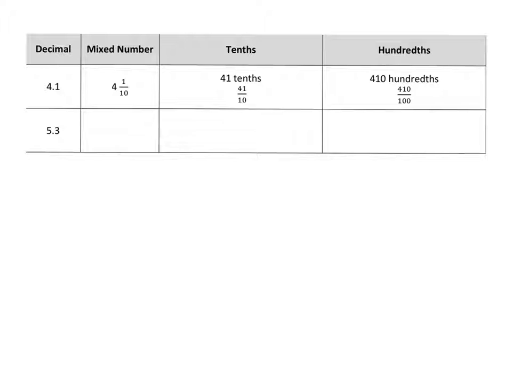So what would it look like if we do 5.3, or 5 3/10? Well, 5 3/10 looks like 5 and 3 over 10. That's what the mixed number looks like. How would it look now as tenths? Well, 53 tenths, which would look like 53 over 10.